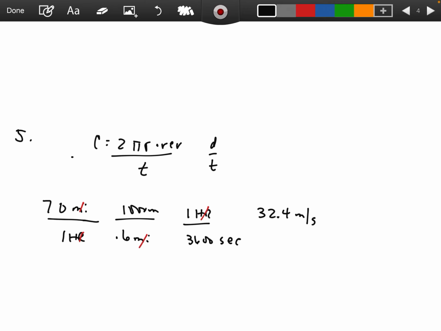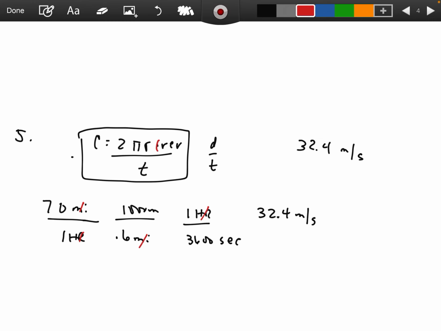Now somehow all this stuff here has to equal 32.4 meters per second. And the thing that I'm looking for is this. Okay?